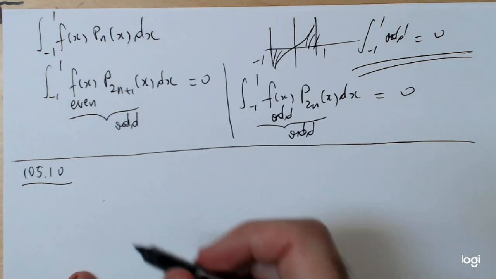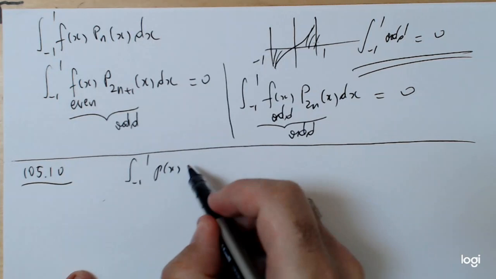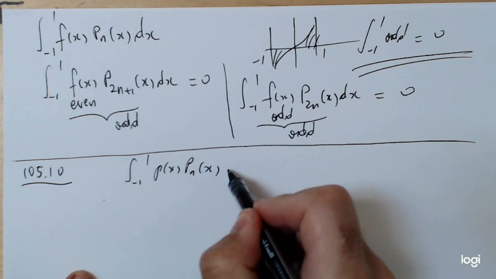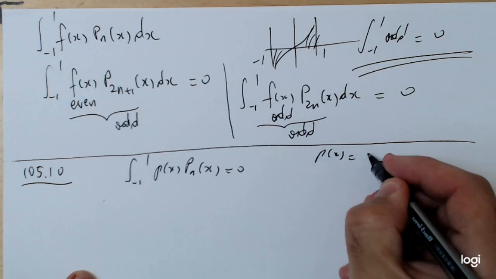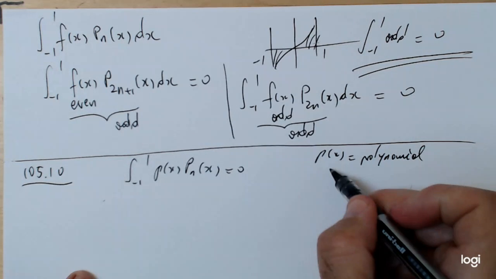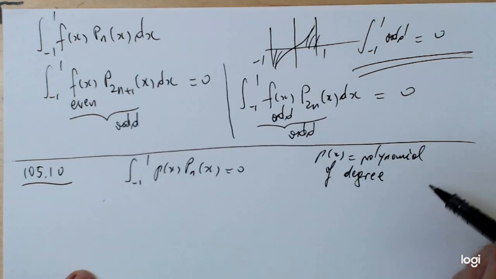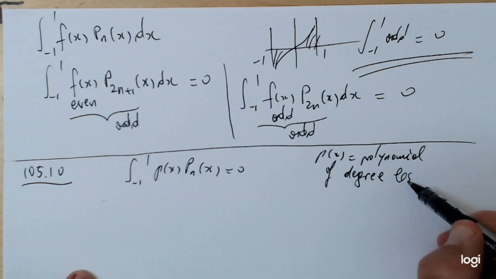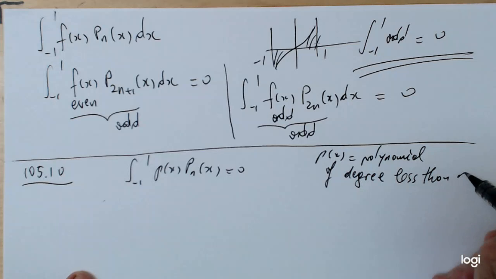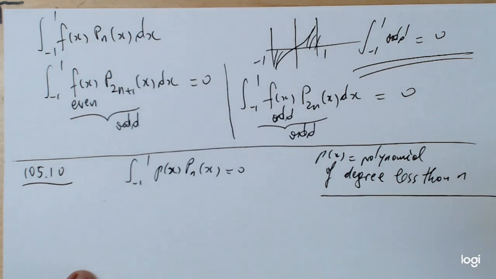So the goal is to show that when you integrate a polynomial multiplied by a Legendre polynomial, so P of x is just a polynomial of degree less than n, then the integral of that polynomial times Pn of x is always 0.